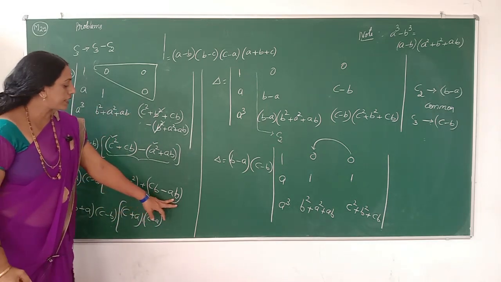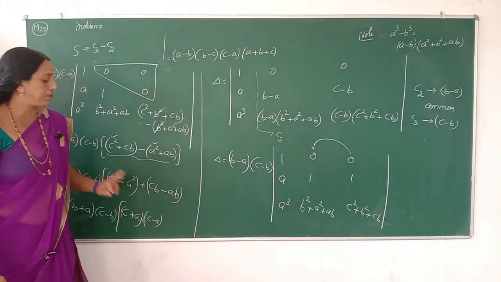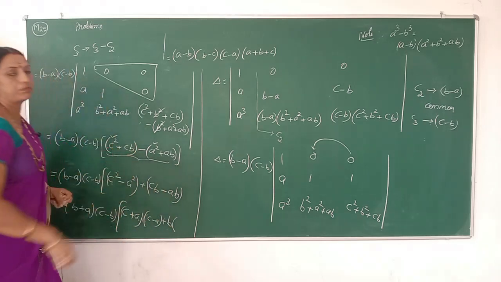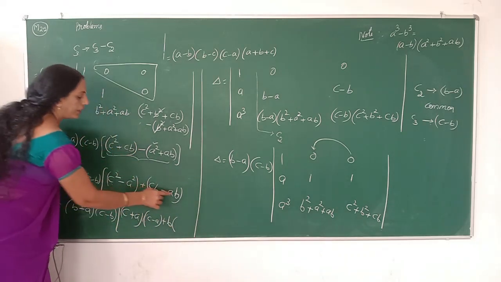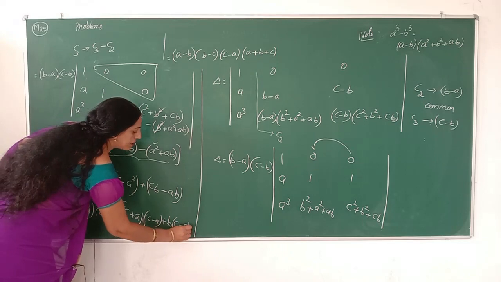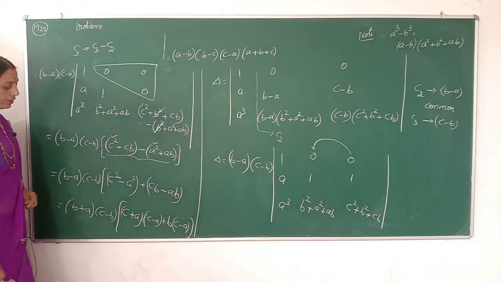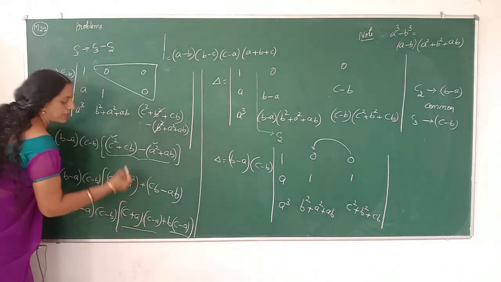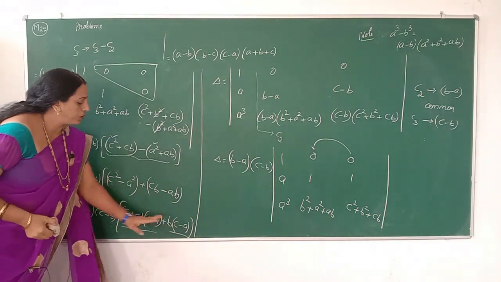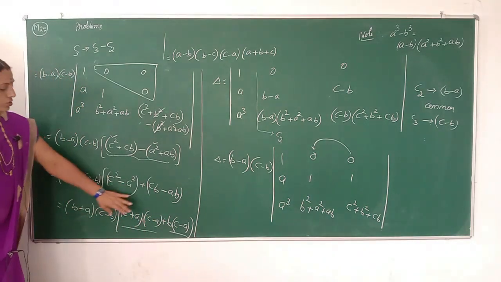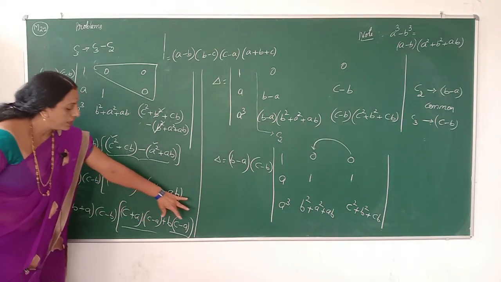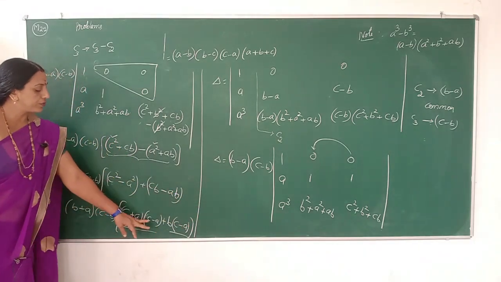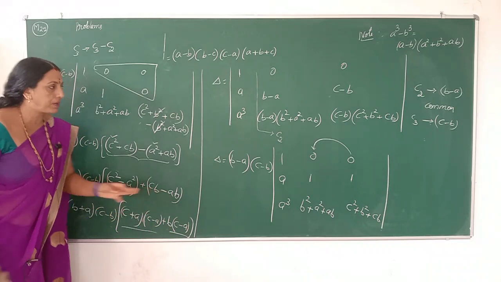Similarly, for the second group, cb minus ab, b is a common factor and the remaining is c minus a. So these are one type of elements and that is another group. Do these two groups have any common factors? Yes, the common factor is c minus a.